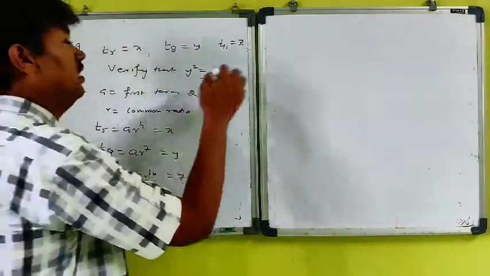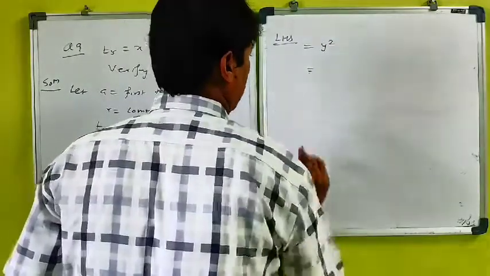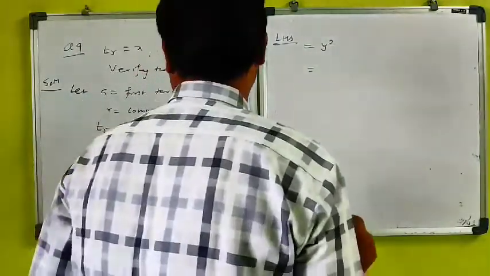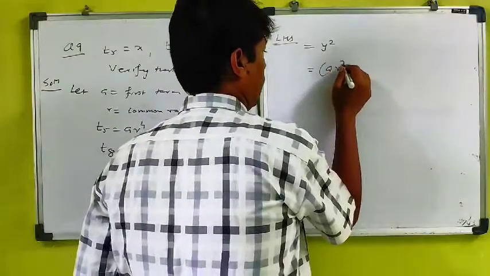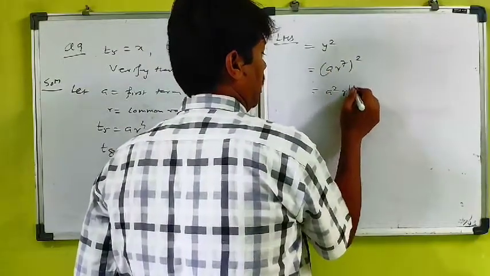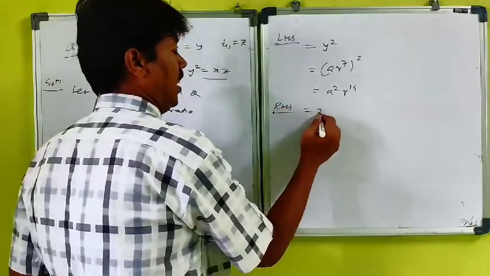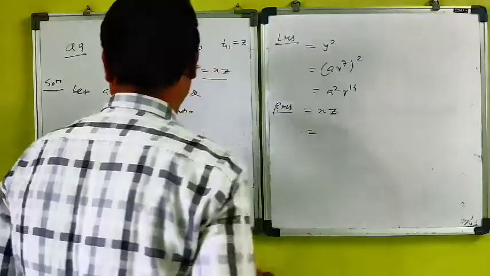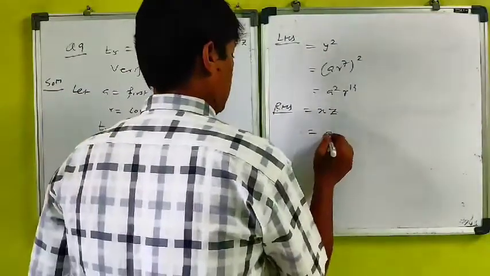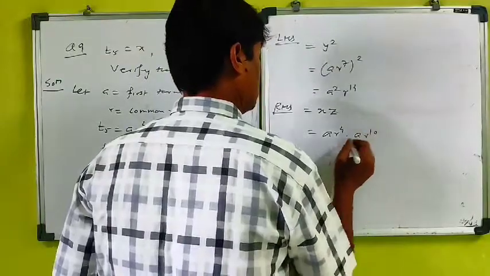Now we want to verify this. So now LHS for this is y square. So y square is (a r raised to 7) whole square, so it is a square r raised to 14. And the right hand side is x into z. So x is a r raised to 4 and z is a r raised to 10.